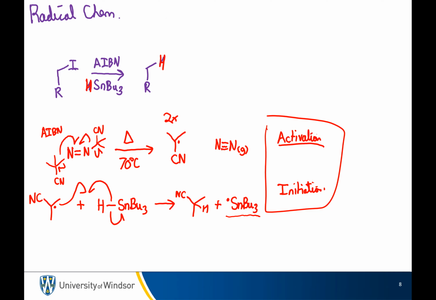Okay, so this is what happens. Now we have the propagation steps. And I think this is why radical chemistry confuses people. And it confused me a lot until I realized that radicals always react with the most reactive bond present in a molecule, in a system. So we just generated this tin radical.